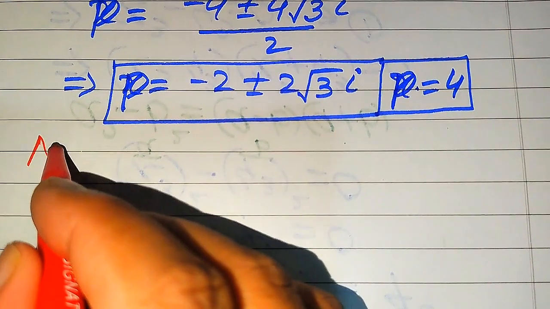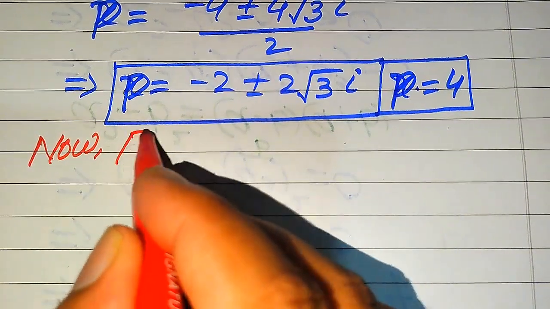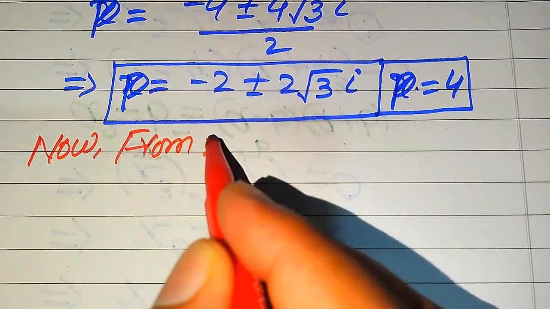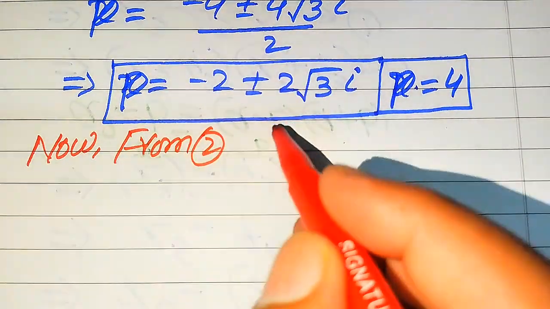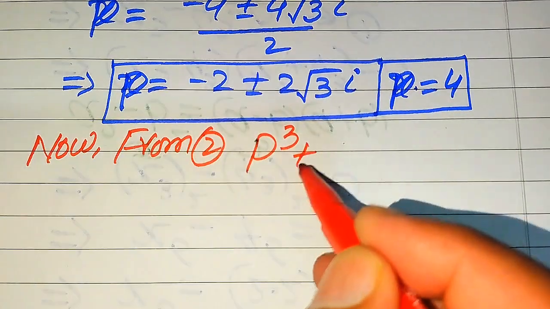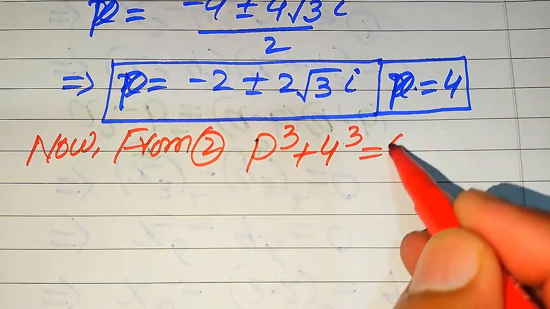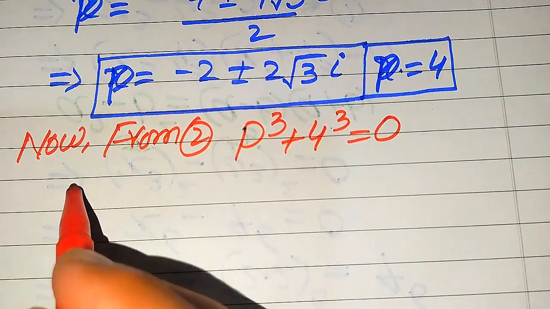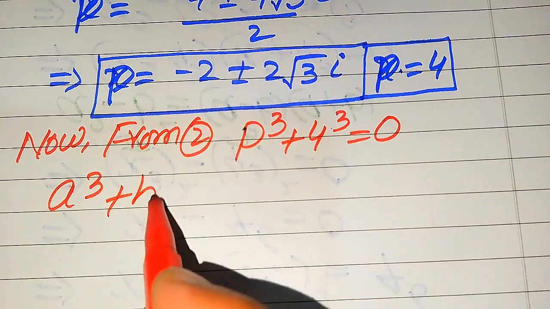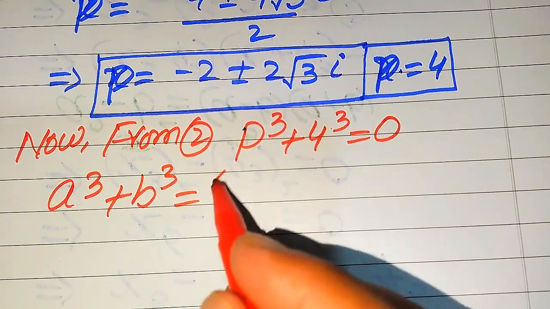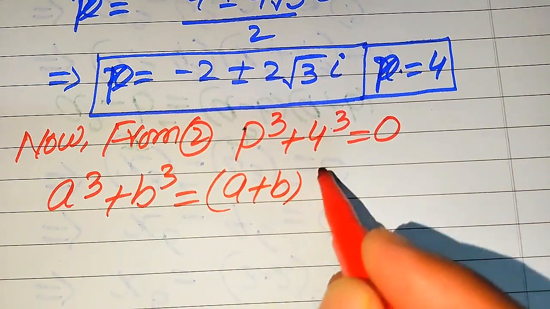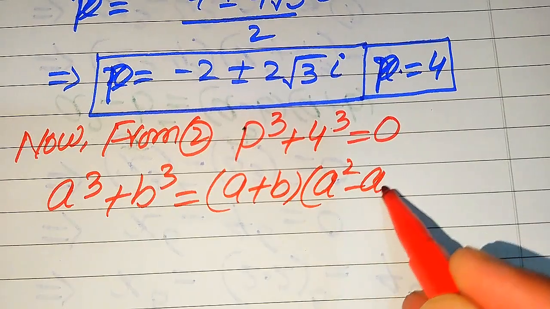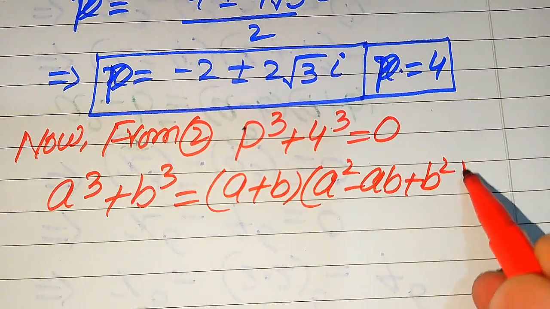And now we need equation number 2, so first we copy down equation number 2. Here it is p cubed plus 4 cubed equals 0, and here we use the cubic formula. You know that a cubed plus b cubed equals a plus b times a squared minus ab plus b squared.